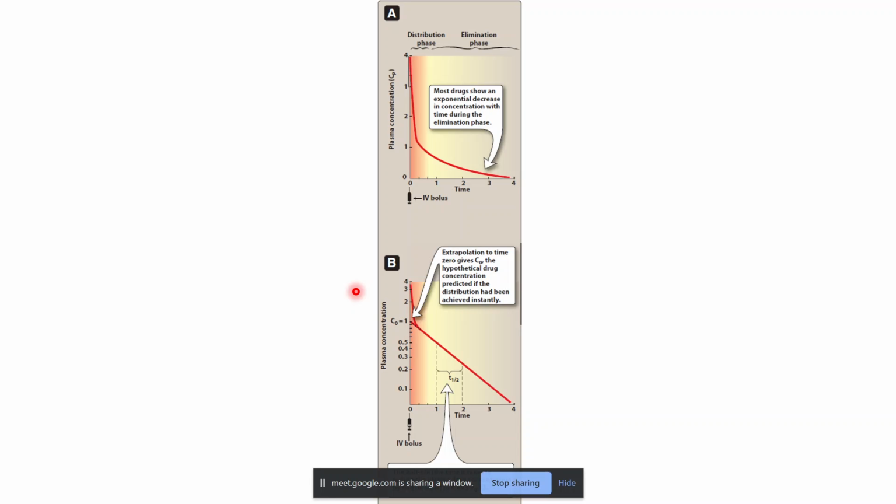In case of zero order kinetics, the rate of decrease in plasma concentration is constant, and in first order kinetics, the rate of decrease will change throughout the time.